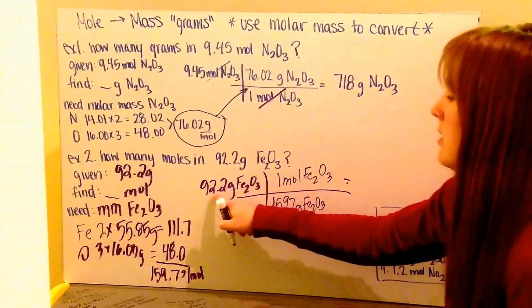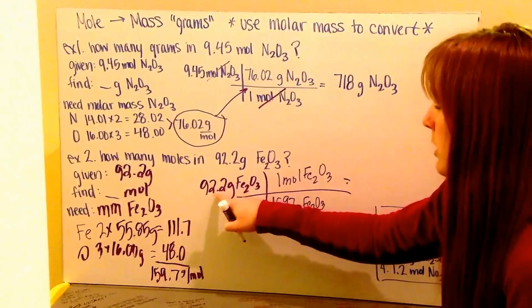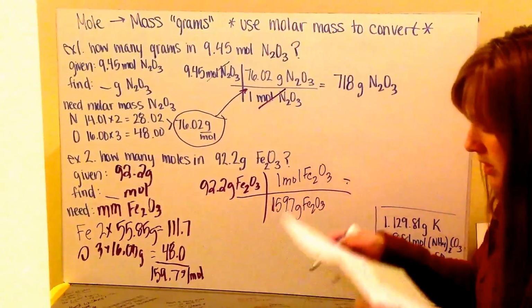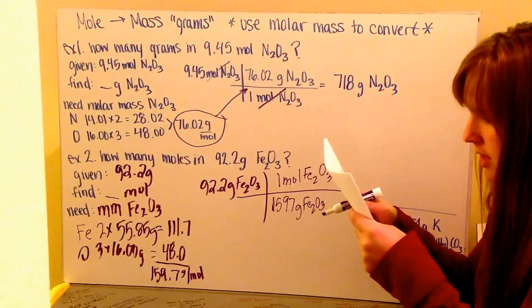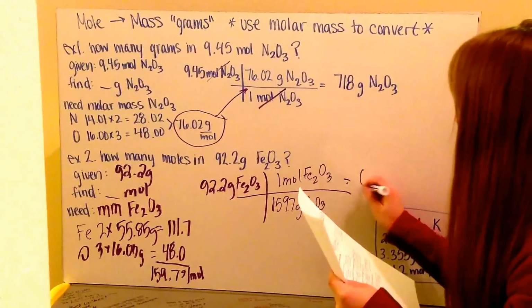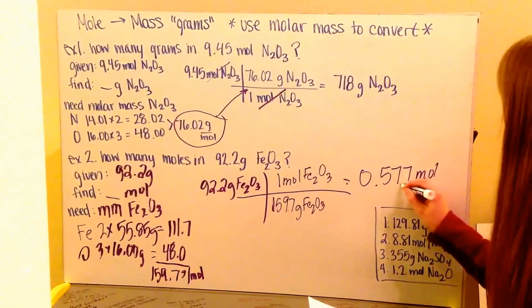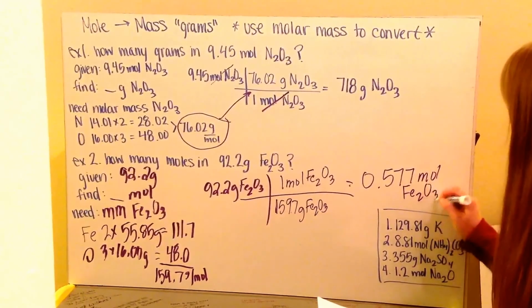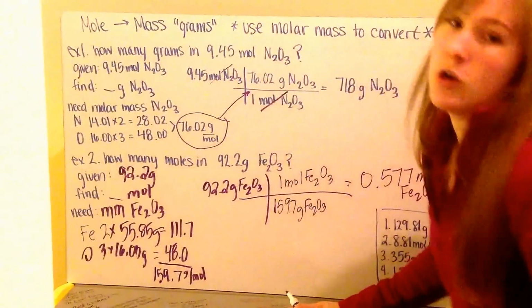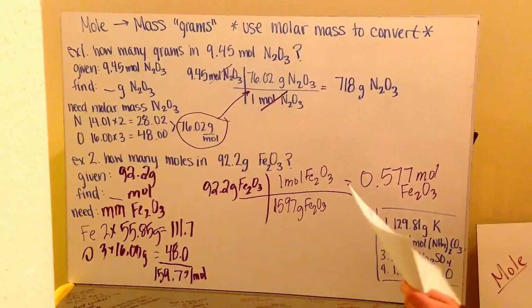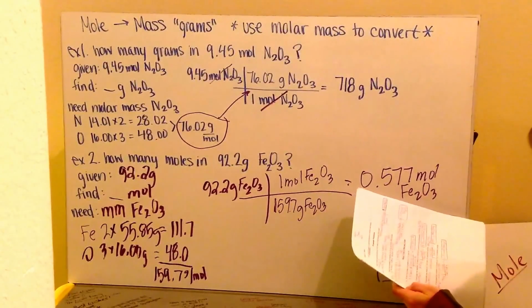When I plug this into my calculator, 92.2 divided by 159.7, I get an answer of 0.577 moles Fe2O3. Go ahead now and try your practice problems numbers 1, 2, 3, and 4.